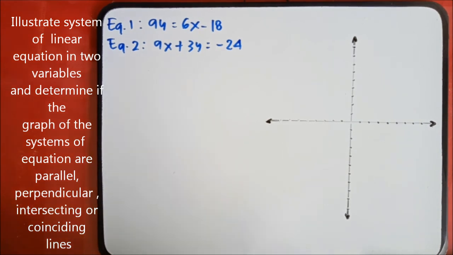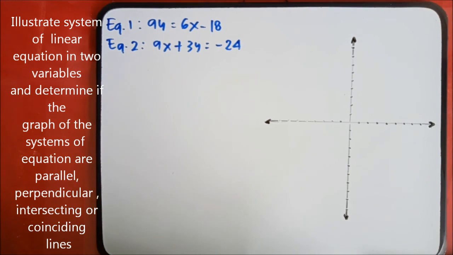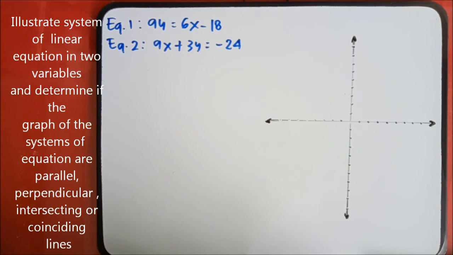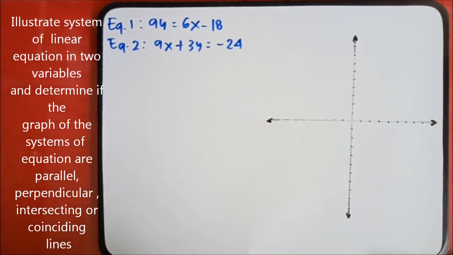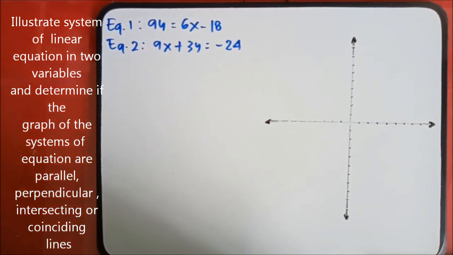Okay, let us try these two equations. Let's see if the graphs will be parallel, perpendicular, will coincide, or will just intersect. Okay, let's try. We have to convert equation number 1 into slope-intercept form.